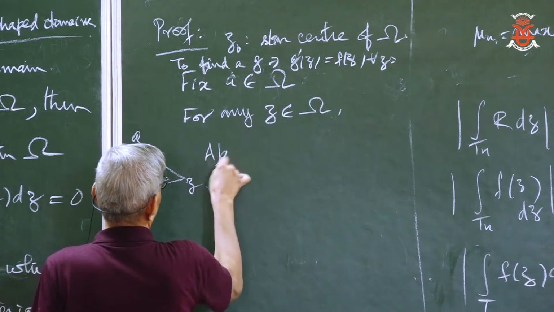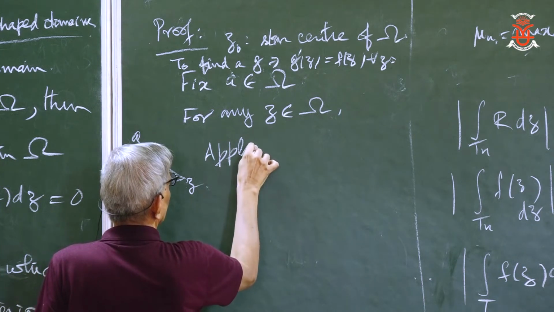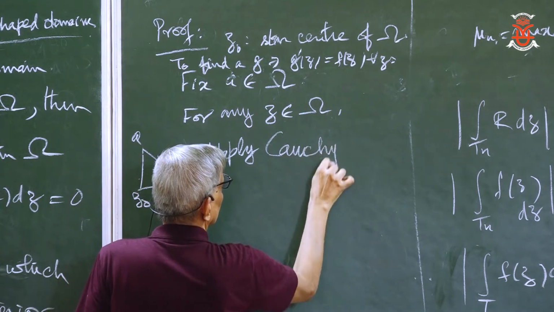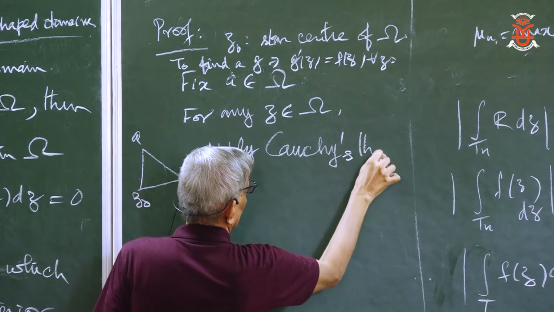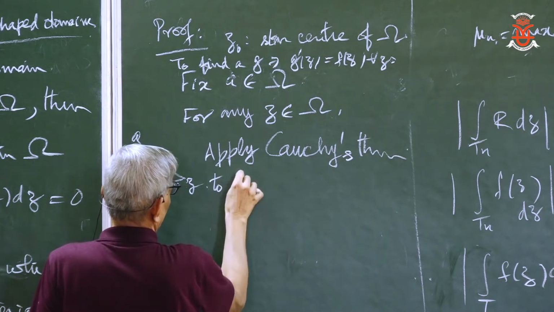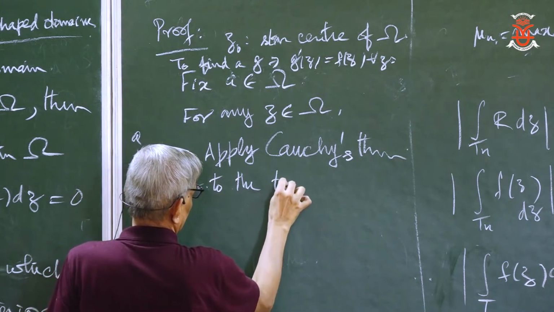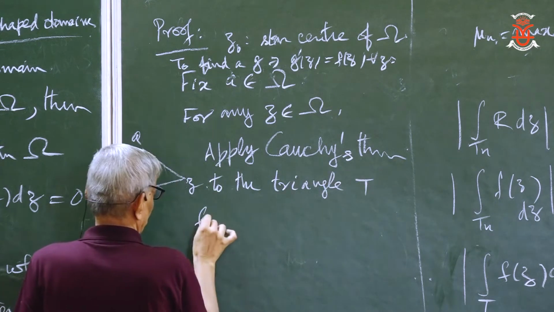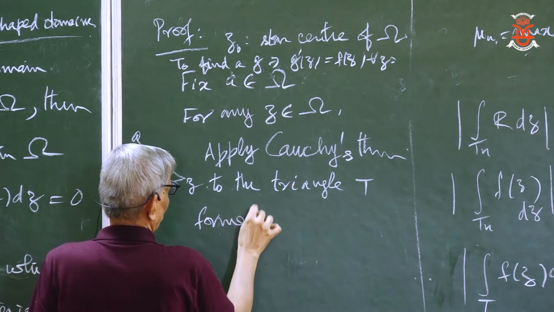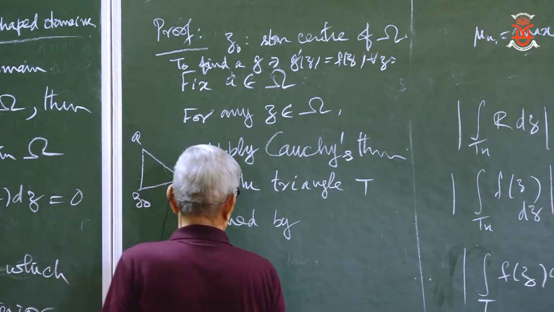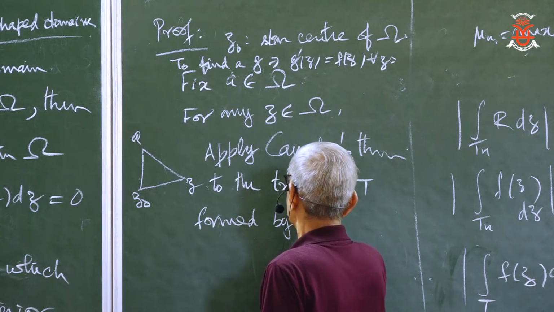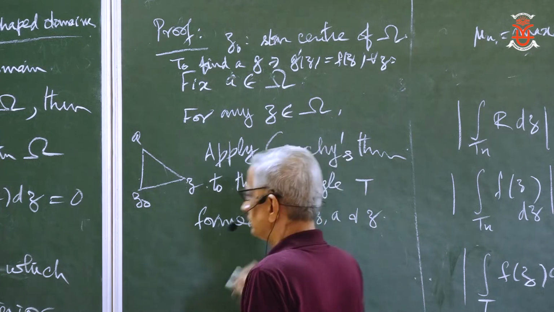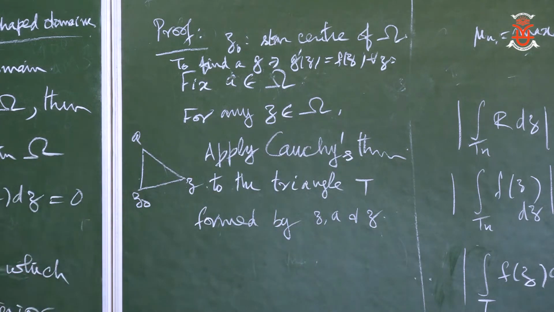So apply Cauchy's theorem to the triangle T formed by Z0, A and Z. What is the conclusion?